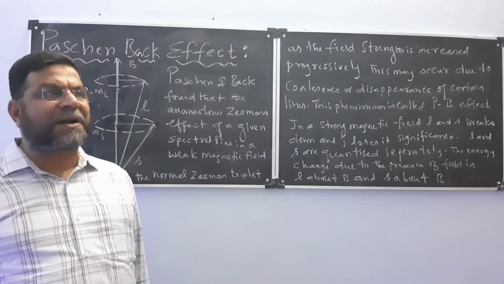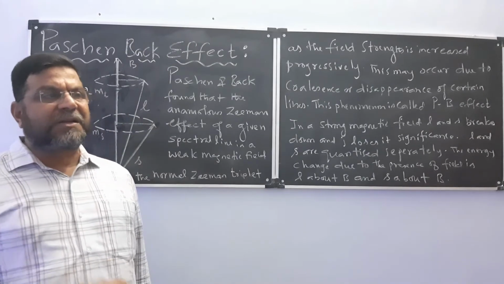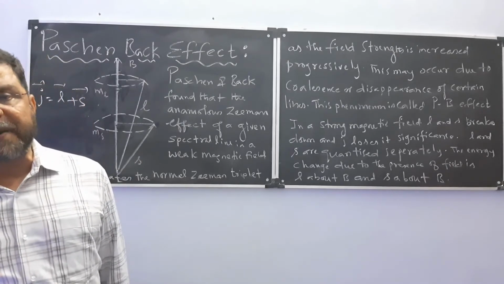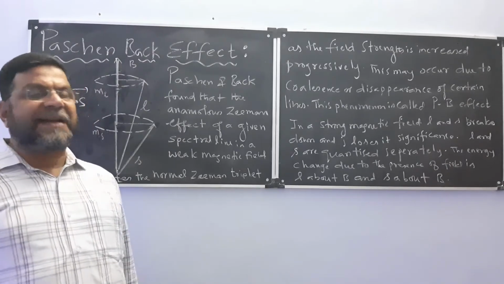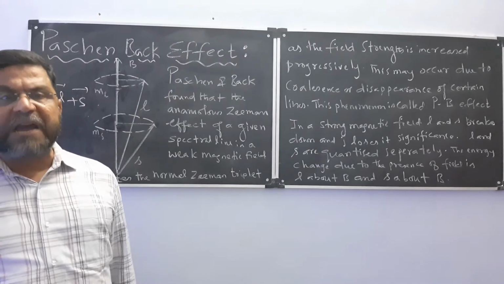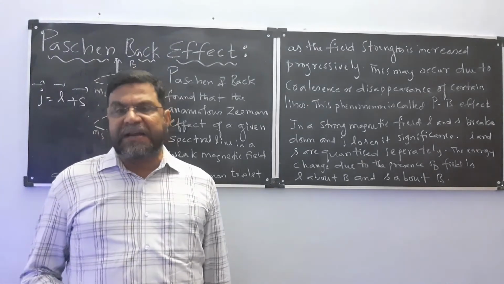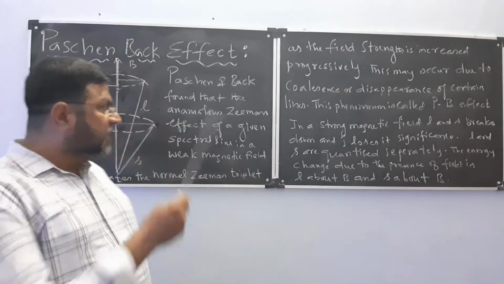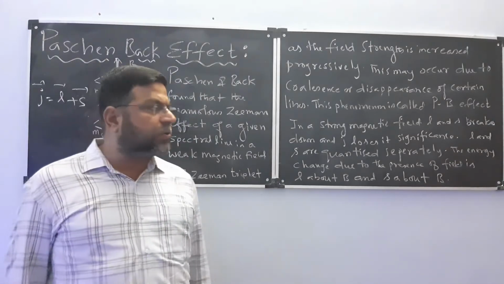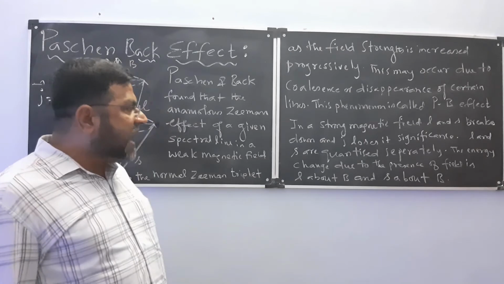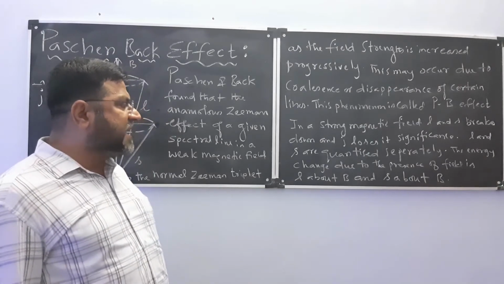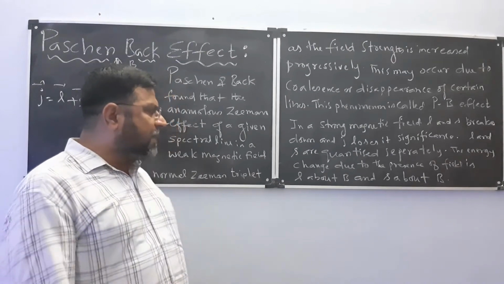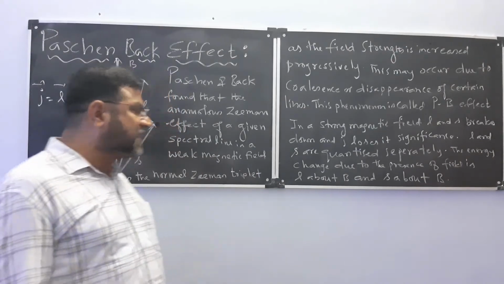If L and S break down, then J will lose its significance, meaning it will lose its importance. Therefore, we can't write J equal to L plus S. Therefore, the energy change due to the presence of the field may be due to L about B and S about B.